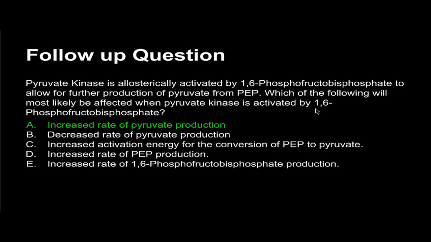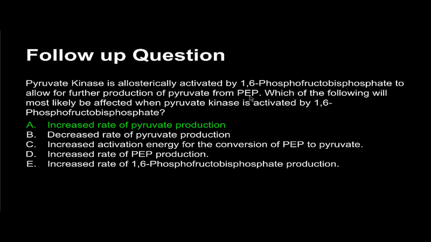And then we can see that the reaction is this PEP forming pyruvate. So pyruvate kinase is the enzyme that allows for PEP to turn into pyruvate. Essentially, that's what we see here. Now we're trying to find out which of the following options would be affected when this pyruvate kinase is activated.